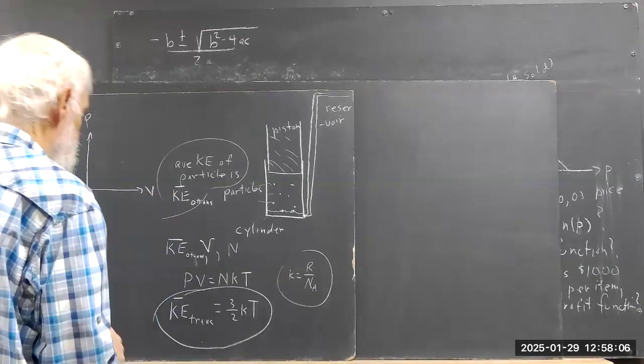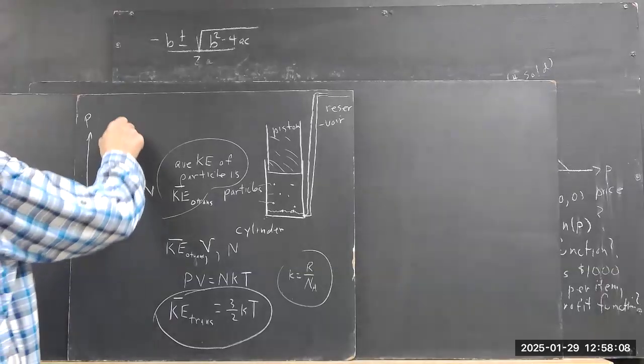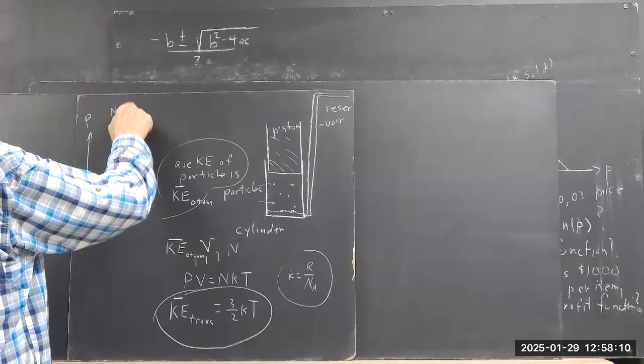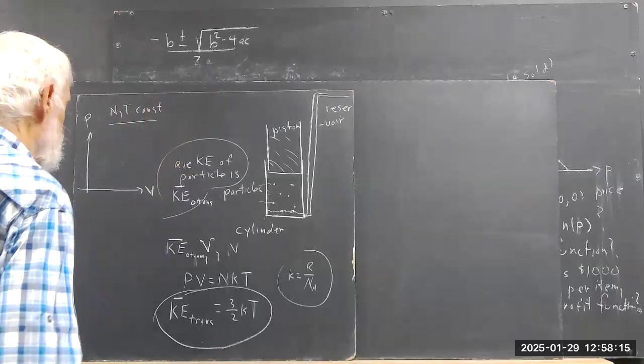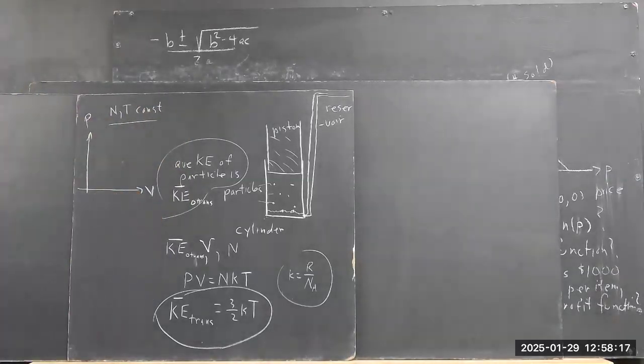First place, nT is constant, what's the graph of P versus V look like? This is a pre-calculus question. But since nobody ever learns pre-calculus when they take it, you might have a little trouble with it, but maybe not.